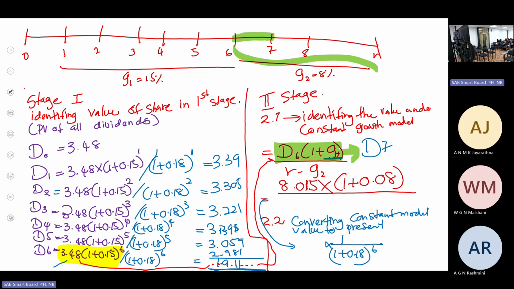This answer should be divided by R, which is 0.18 minus 0.08. That is the answer. 86.13. What happened to our answer?